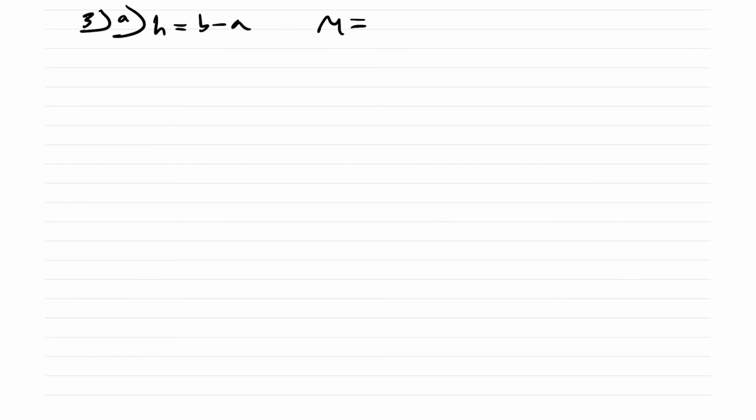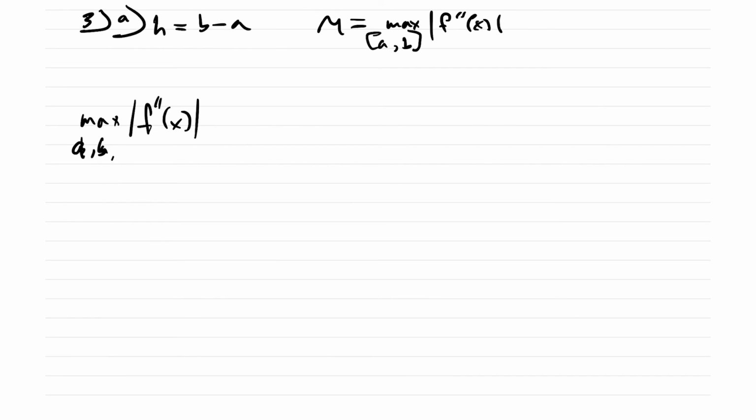M is going to be the maximum of the second derivative of f of x over the interval a to b. And so the error formula itself ends up being the maximum of f double prime of x over a to b, times b minus a, absolute value, over 2. Well, b minus a is always positive.